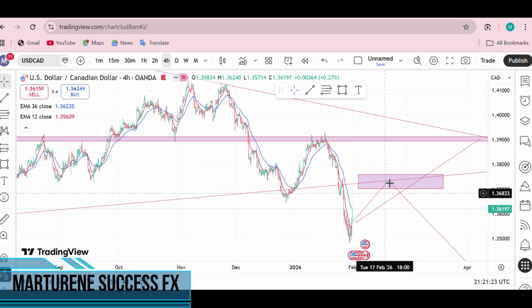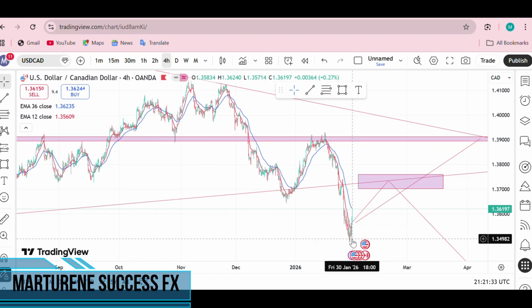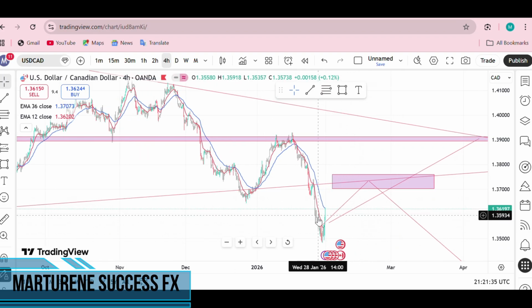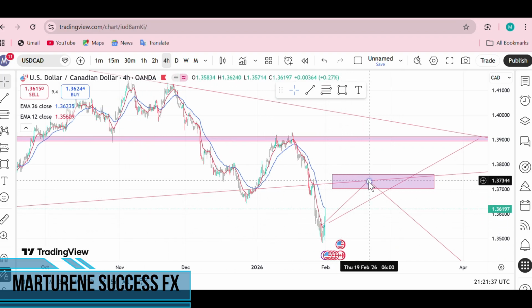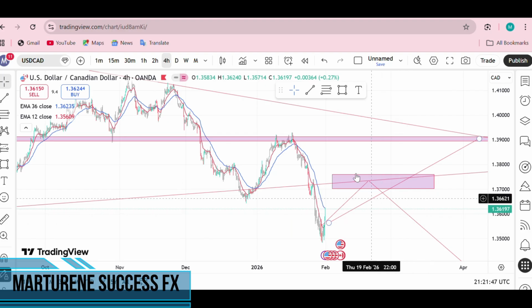You can also be watchful about this area here, because if we pull out our Fibonacci from here to here, we can be expecting that maybe the market will push back into this zone and make a rejection. So just look at it and let us see how it's going to go.